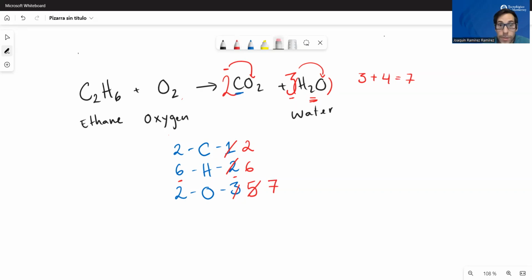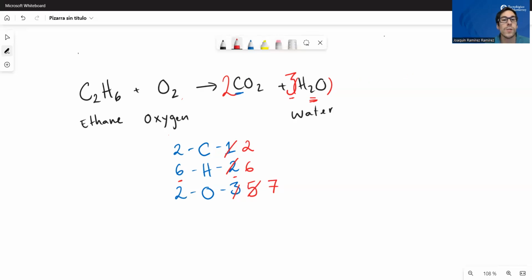Now you can see the convenience of leaving the molecule, which is composed of only one type of atom, at the end, because I can now go back to the left part of the equation and just multiply the number of oxygen molecules, so I can get the same number of atoms as the right part of the equation.